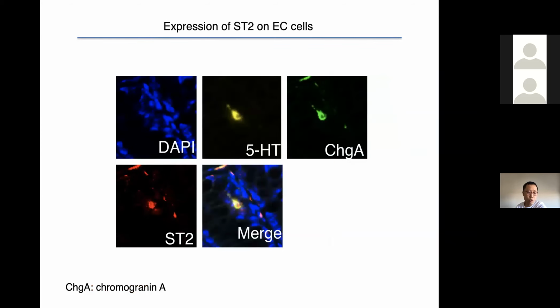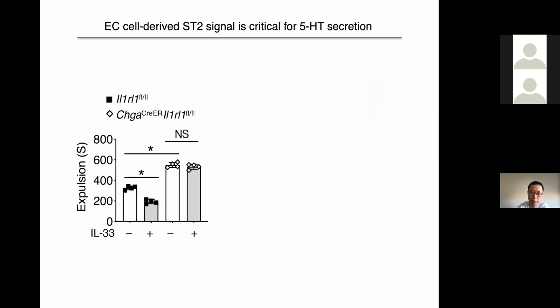First of all, we showed that serotonin CAGA, which is the enterochromaffin cell marker, and the receptor ST2 are co-localized. And then we genetically deleted ST2 on the specific enterochromaffin cells.